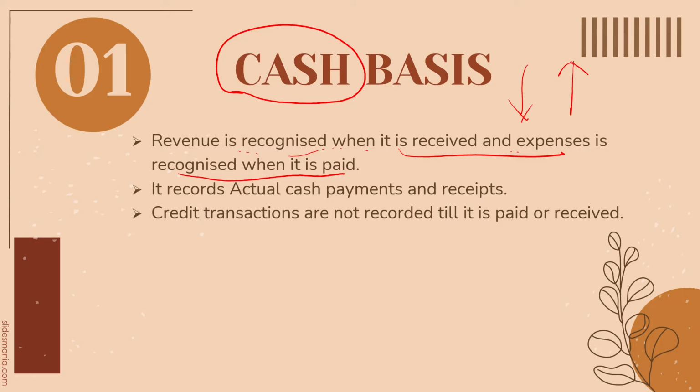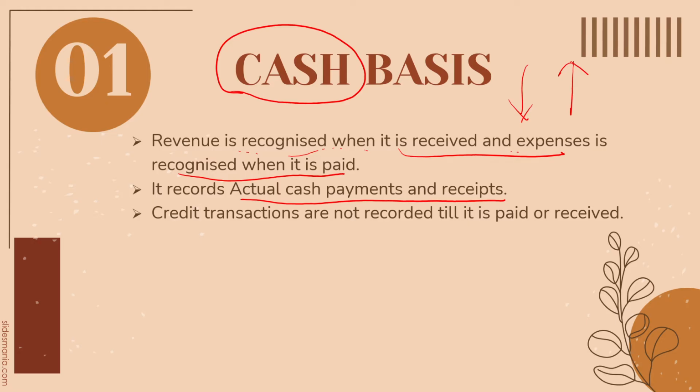The second point is it records actual cash payments and receipts. What does that mean? Sometimes your customers may take goods from you and pay for them later, for example on credit, and in the same way you would have got your raw materials from the suppliers on credit.